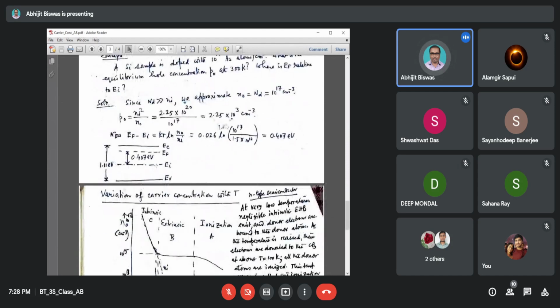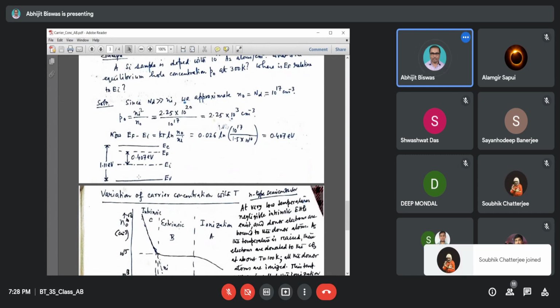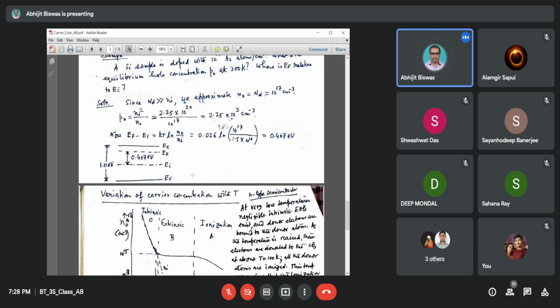Now EF minus EI is equal to KT ln N0 by Ni, a log to the base E, and it comes out to be 0.407 electron volt. In this figure, the position is clearly shown. The top horizontal line indicates EC, the bottom of the conduction band, and at the bottom EV is shown.